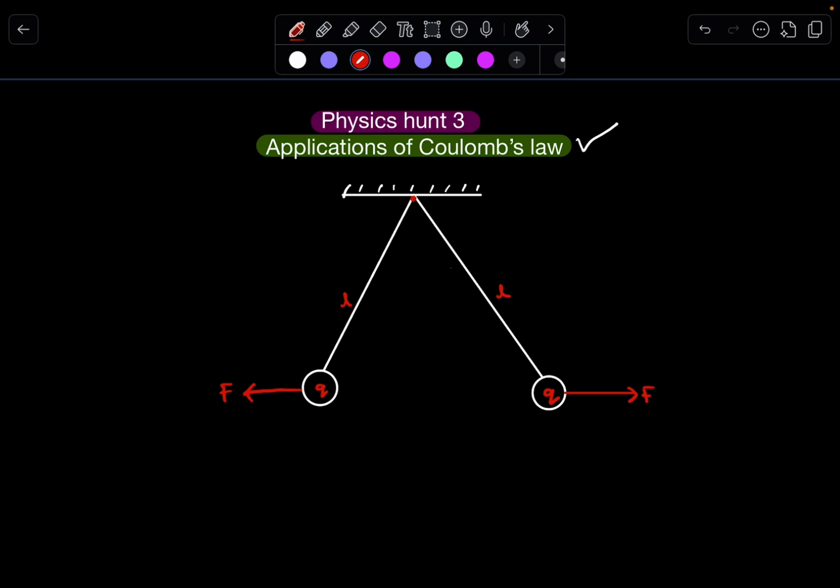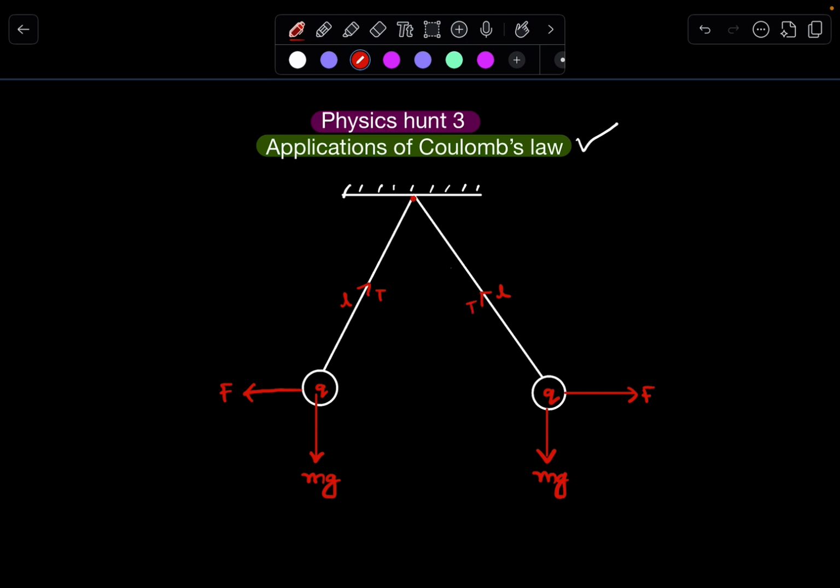So the weight of the first charge acts vertically downward, and weight is nothing but mass into acceleration due to gravity. Similarly, for the second charge, the weight also acts vertically downward. Whenever a string is present, tension will be developed, and the tension always acts towards the rigid support.